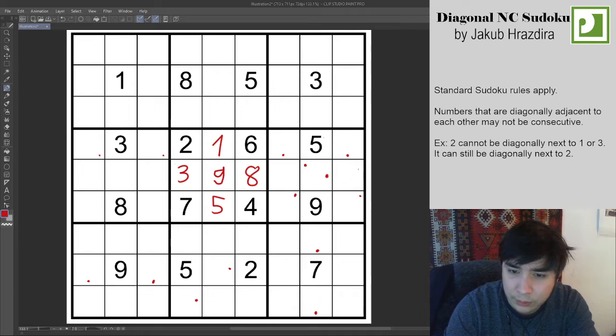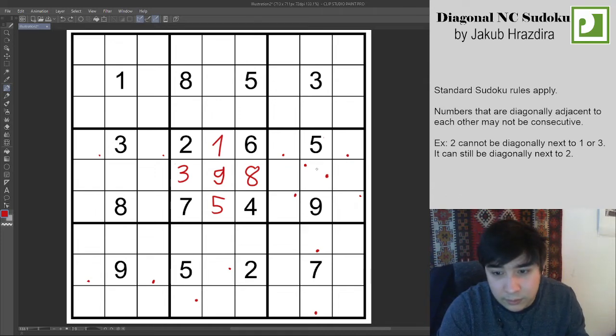We also do know that the 8 is guaranteed to be over here at the top. Never mind. Yeah, one thing to note is that if this was a 1 in the cell, then the 2 would also be forced to be in the middle, because it can't be in any of the corners now.